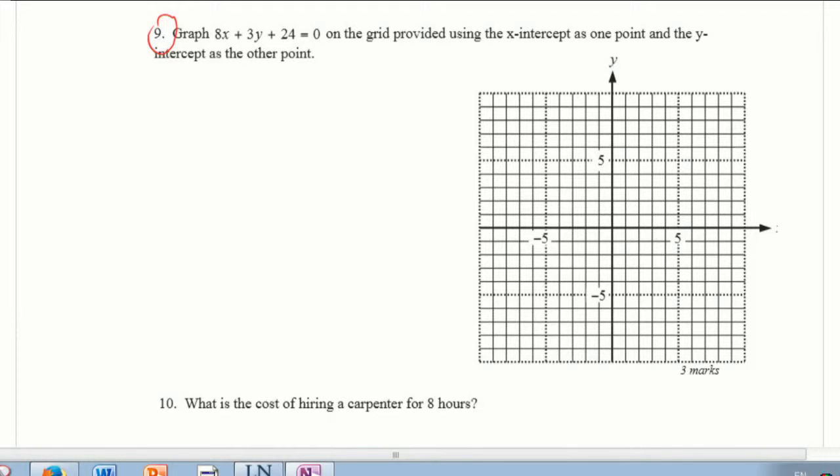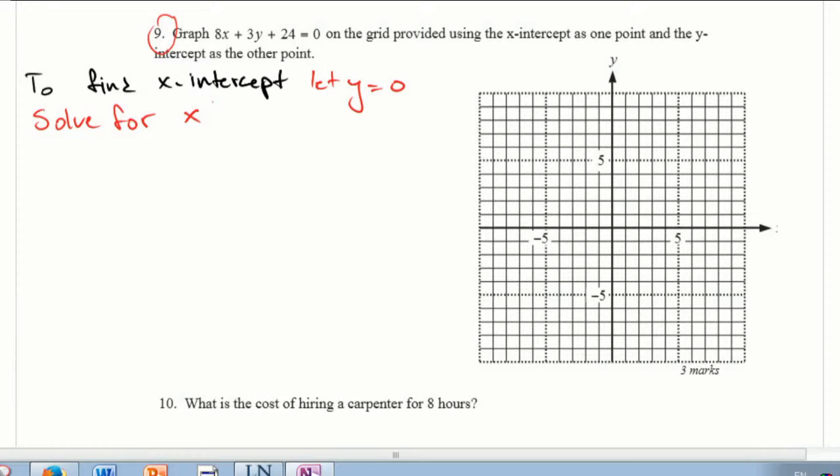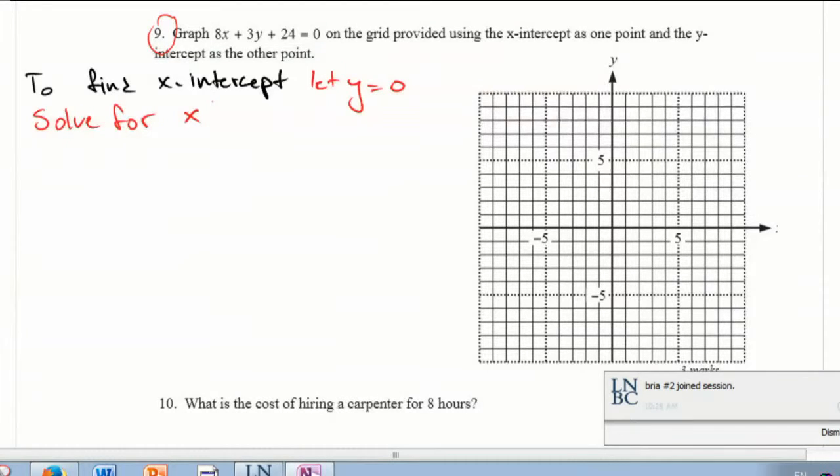What we're going to do is take our equation, and we're going to find our x first. To find the x-intercept, we're going to let y equal 0, and then solve for x. This is something you're just going to get used to doing, hopefully.